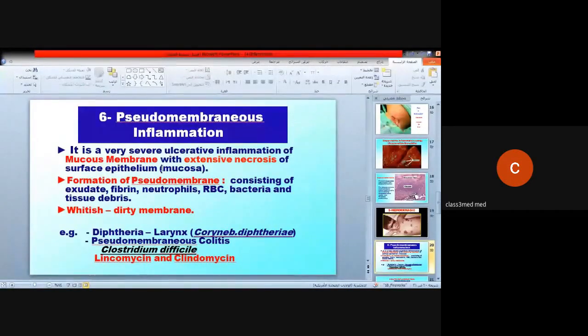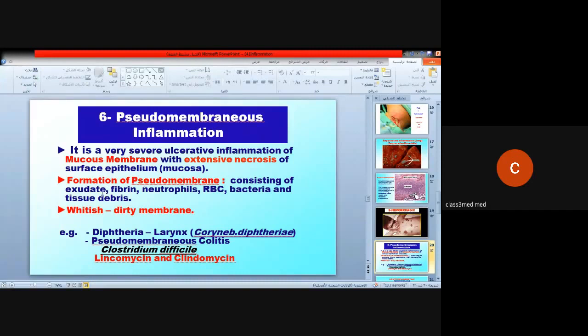With the formation of pseudomembrane, a false membrane, which consists of inflammatory exudate, fibrin, neutrophils, RBC, bacteria, and tissue debris. This is the pseudomembrane. It is a whitish, dirty membrane.